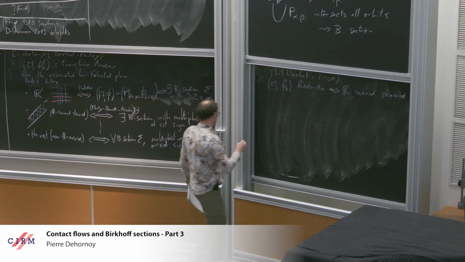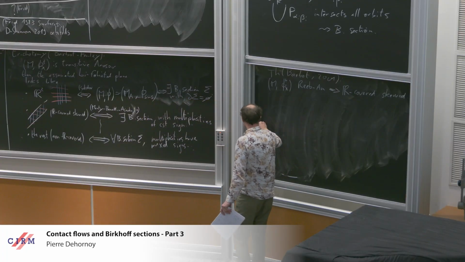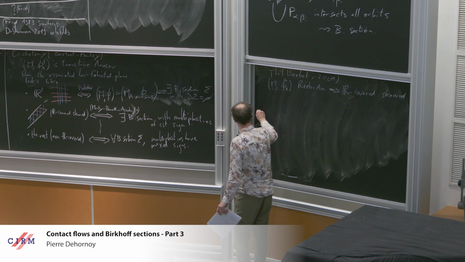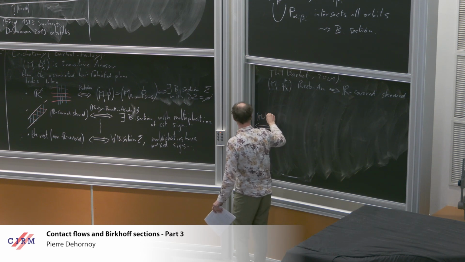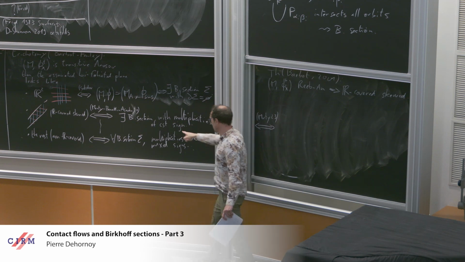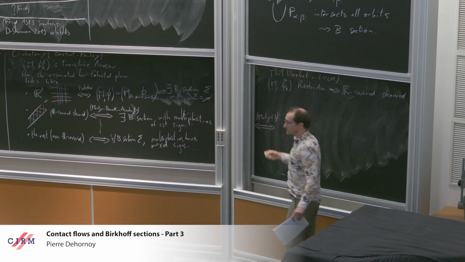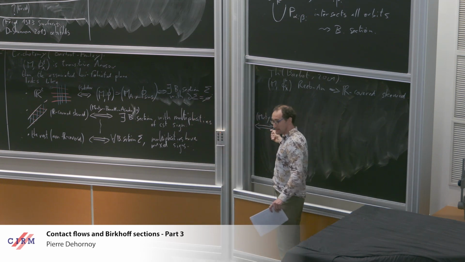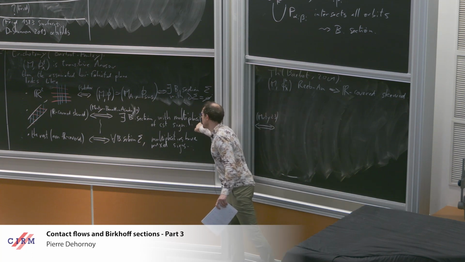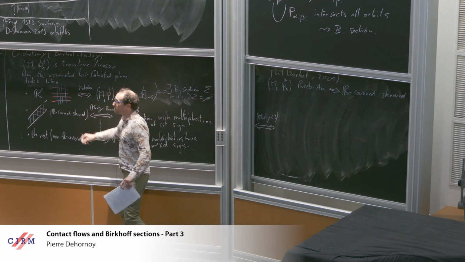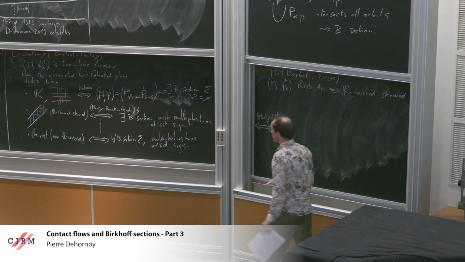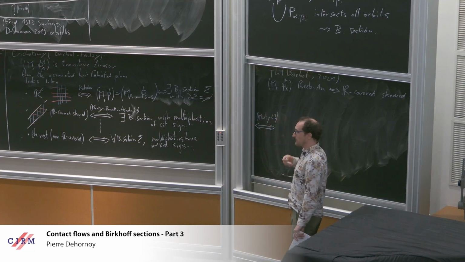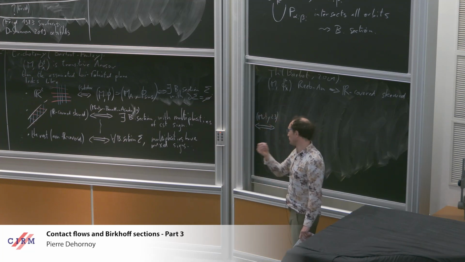Now I can advertise that this is also a theorem by Theo, actually a converse implication. The answer is yes. This implies that the flow is actually Reeb, not exactly Reeb, but it can be reparametrized into a Reeb flow.